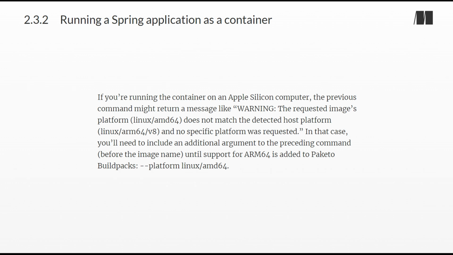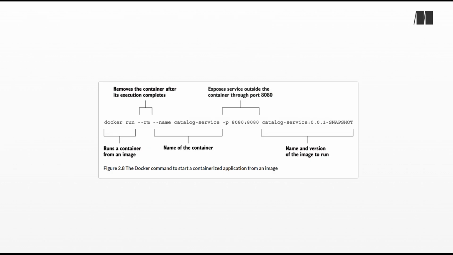In that case, you'll need to include an additional argument to the preceding command before the image name, until support for ARM64 is added to Paketo Buildpacks, --platform linux/amd64. You can refer to Figure 2.8 for a description of the command.